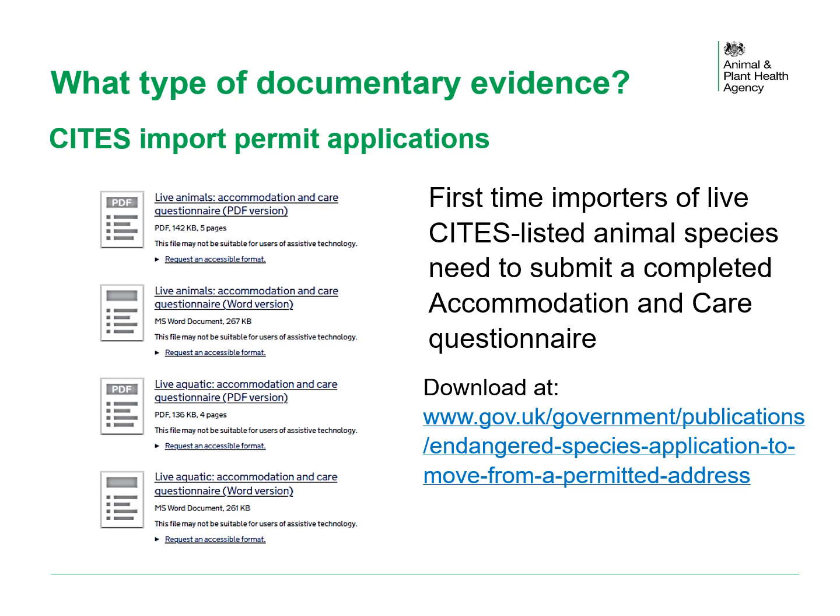If you are applying for a CITES import permit to import live CITES listed animals for the first time, you will also need to complete and submit an accommodation and care questionnaire with your first CITES import application. This is to show that you have the facilities and experience to accommodate and care for live CITES listed animals in accordance with the CITES regulations.